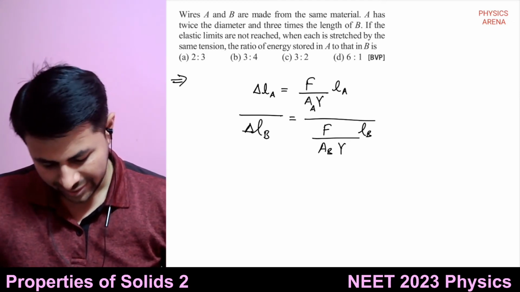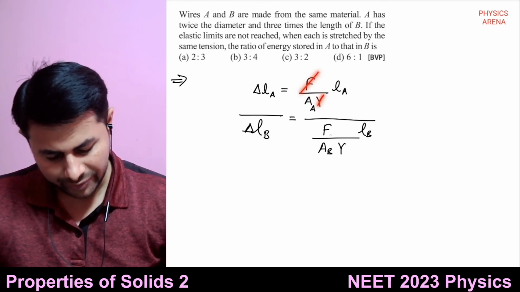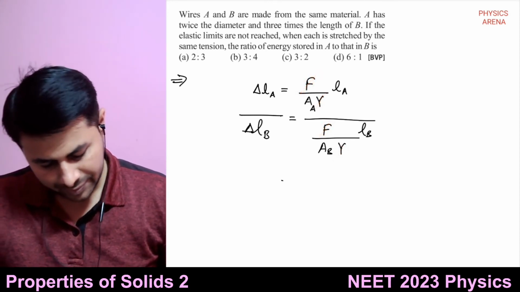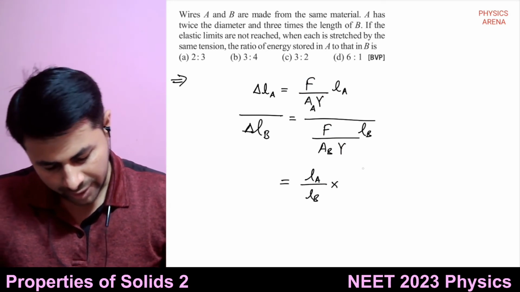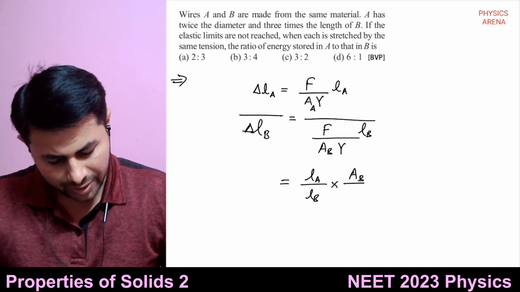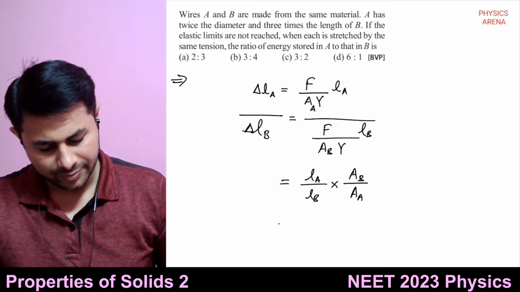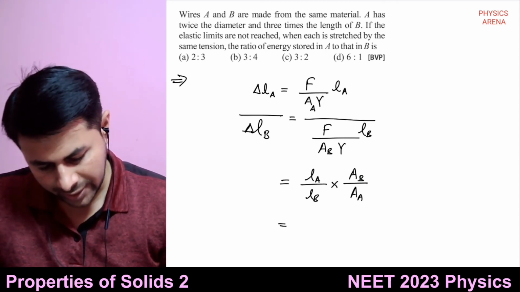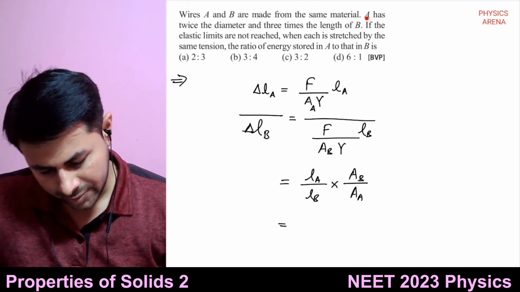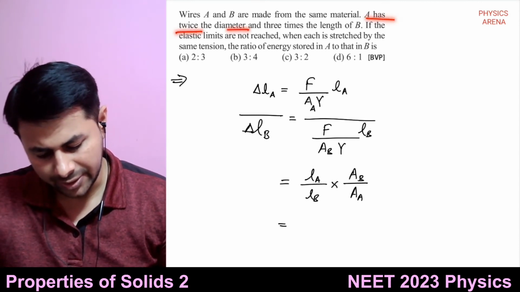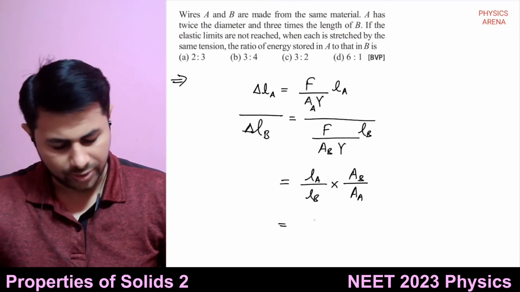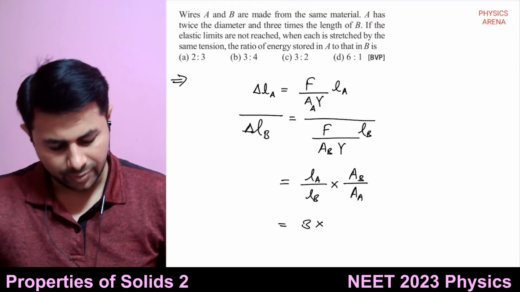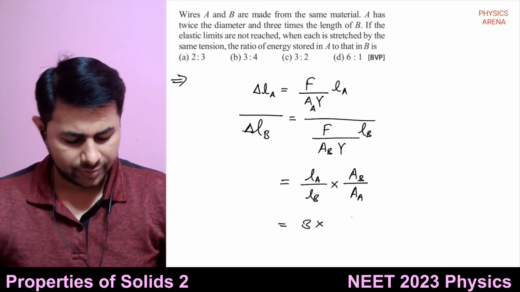Let's check. So F and Y get cancelled. It is LA upon LB multiplied by AB upon AA. So how much is LA upon LB? A has twice the diameter and 3 times the length of B. So length is 3 times and diameter is twice.